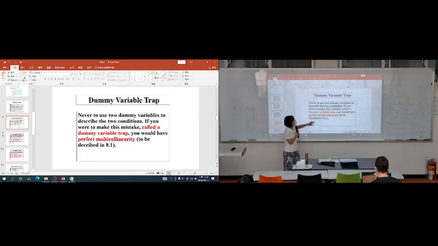If you make this mistake, we call it the dummy variable trap, and you will have a perfect multicollinearity problem, which we will describe in chapter 8.1, in the next semester.